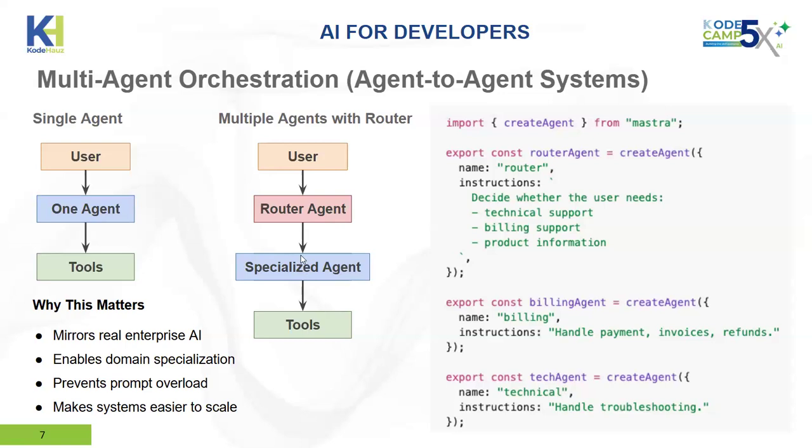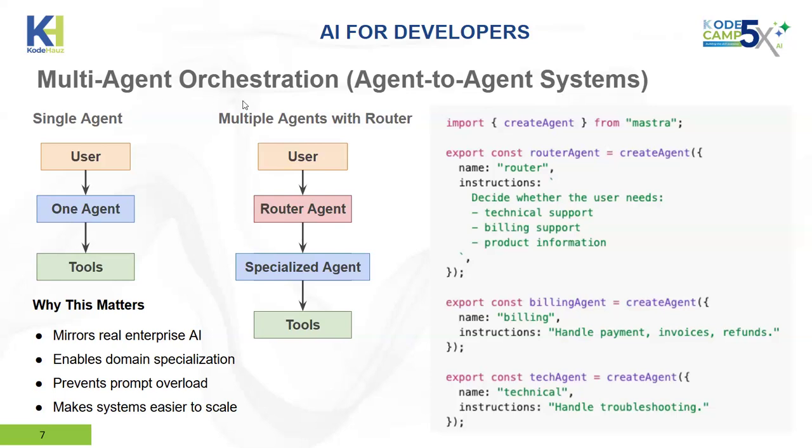So we now have a totally new, different architecture, what we call multi-agent orchestration, or agent-to-agent systems. So you hear of A2A. There is even a protocol now for agents to communicate.